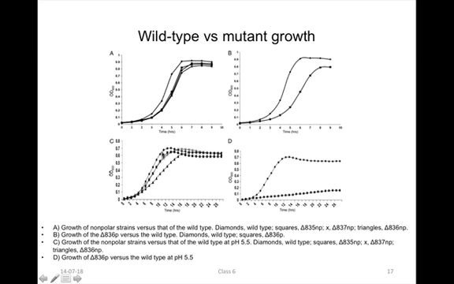The squares is 835, and then 837 are the X's, and the triangles are 836. So 836 is most affected by pH 5.5. And the final image, growth of the deletion of 836 versus wild type. And you can see 836 is really affected at pH 5.5.